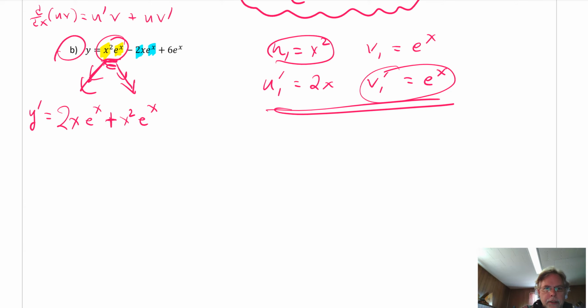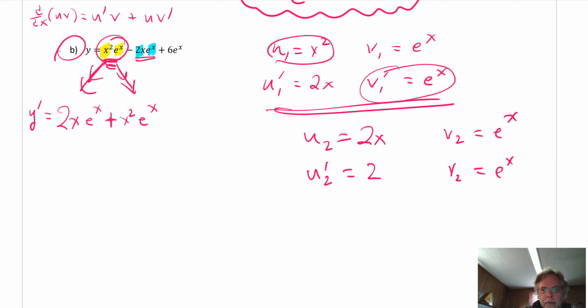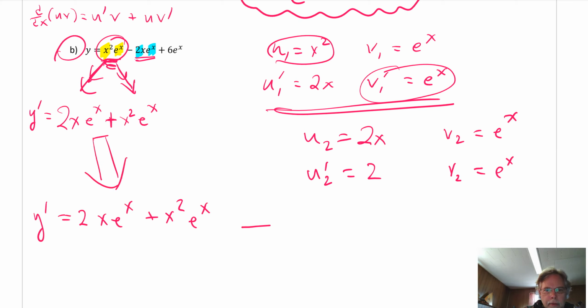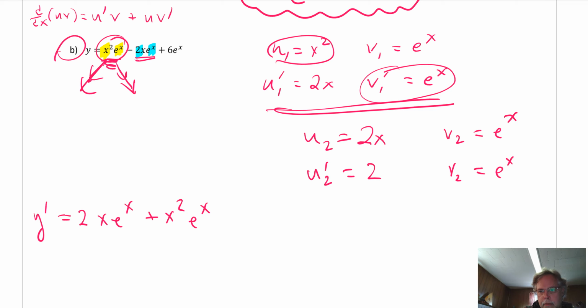Now, from that, we need to subtract the derivative of 2x times e to the x. So we'll have another use of the product rule. u2 equals 2x, and v2 equals e to the x. So u2 prime equals 2, and v2 prime equals e to the x. I'm going to shift this down below so I have more room to operate. And we'll have a minus now from the problem, if you will, up here, the minus sign.